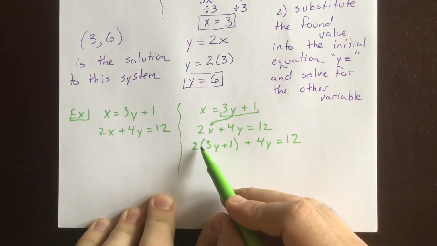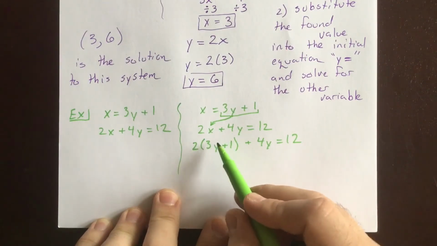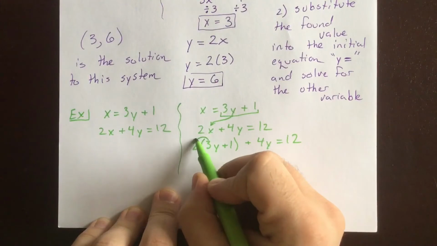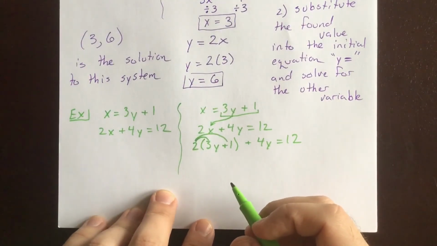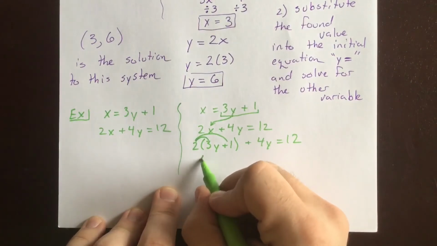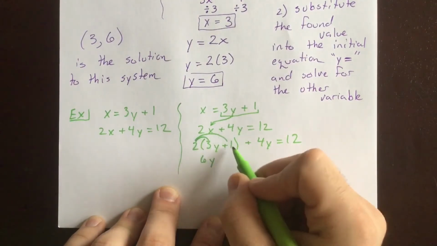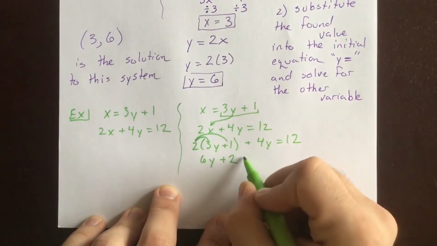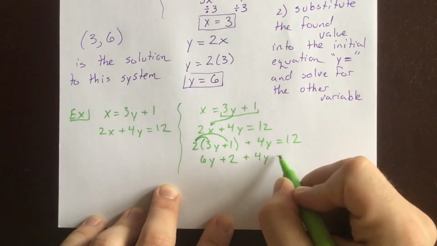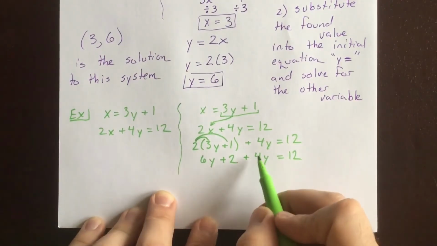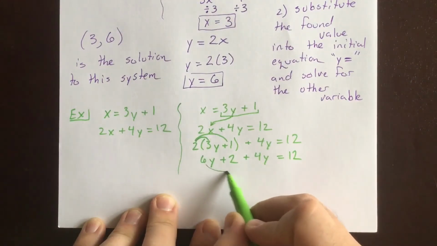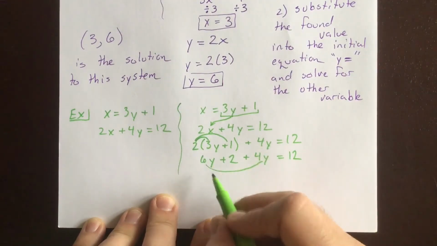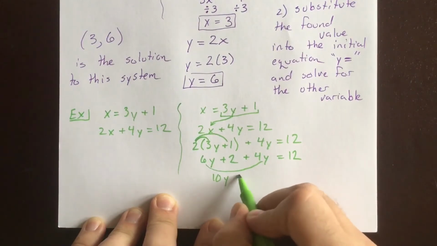And we have this group, and we should recognize that we need to distribute. So we get 6y, and then 2 times 1 is 2. Then we simplify. 6 and 4 are on the same side of the equation, so they combine to 10y.